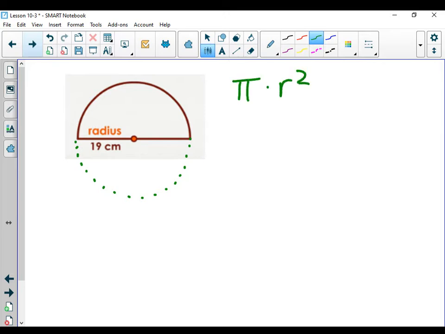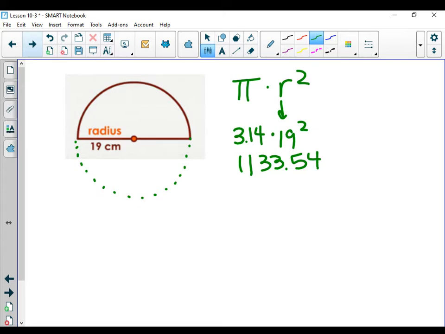Are you writing in this box? Yes, ma'am. 361 times 3.14 is 1,133.54.